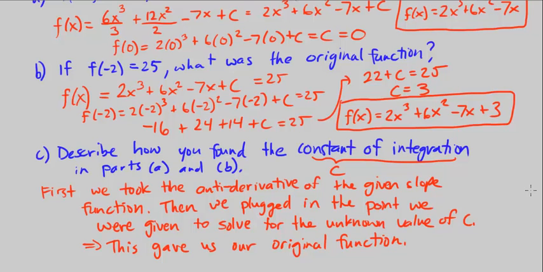This gave us our original function without the constant, because when we took the antiderivative, it also gave us a constant. So we plugged in the point that we were given, the x and the y out, to find the unknown value of c, and that gave us our original function. Done. So that's going to end CPM Calculus Chapter 4, number 105.